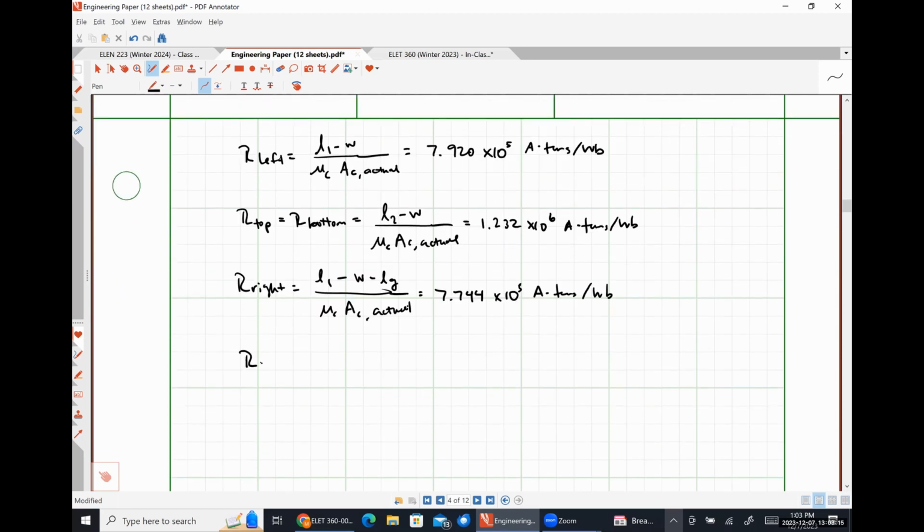And then lastly, we have the reluctance of our air gap. So that's just going to be the length is the length of the gap. That G looks like a Q. What's the permeability? Mu naught. Good job. Trying to trip you guys up and you're too damn good.